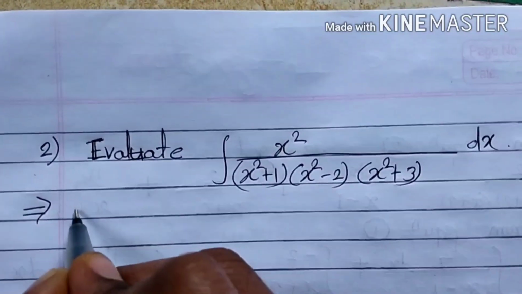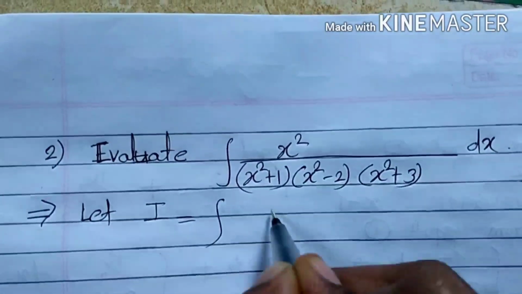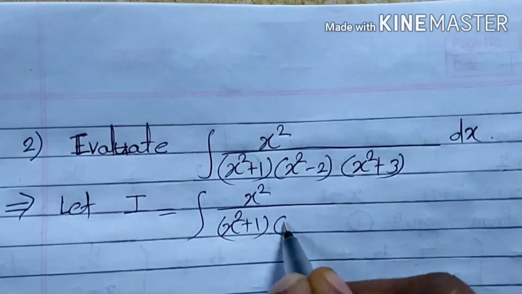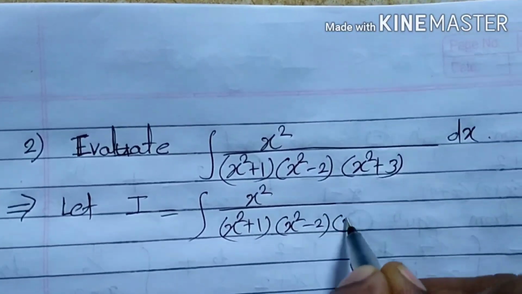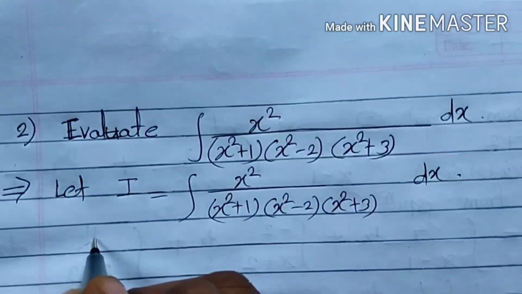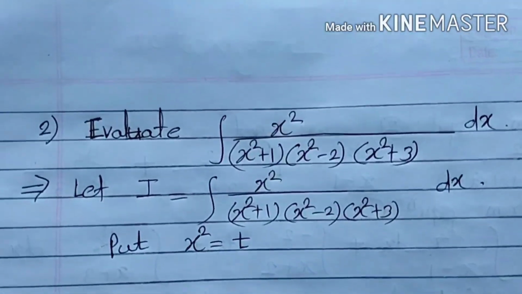Now it is the example on non-repeated linear factors. So let I is equal to integration of x square upon x square plus 1, x square minus 2, x square plus 3 dx. Put x square equal to t.